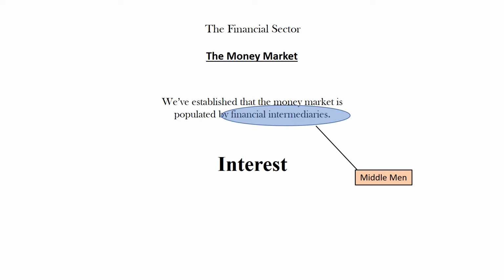The compensation that the borrower makes to the lender for this service that he values is called interest. Interest is effectively rent that the borrower pays to the lender while holding and using his money.